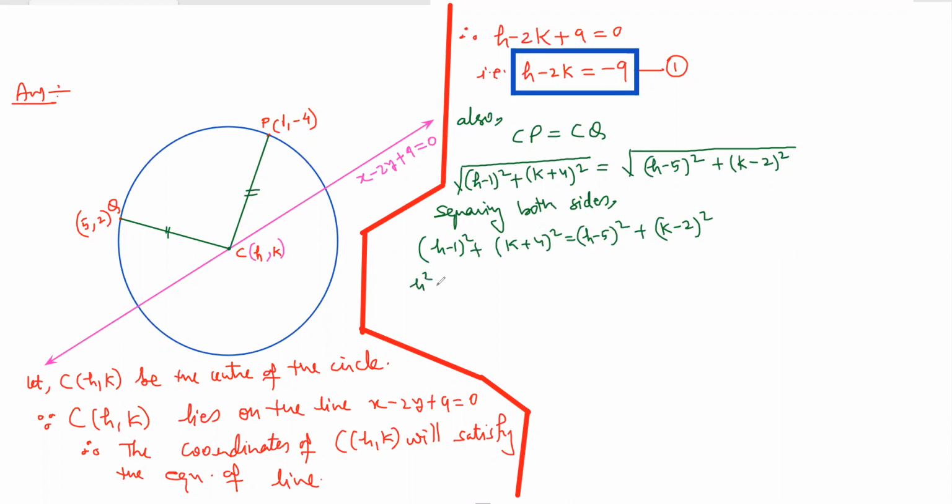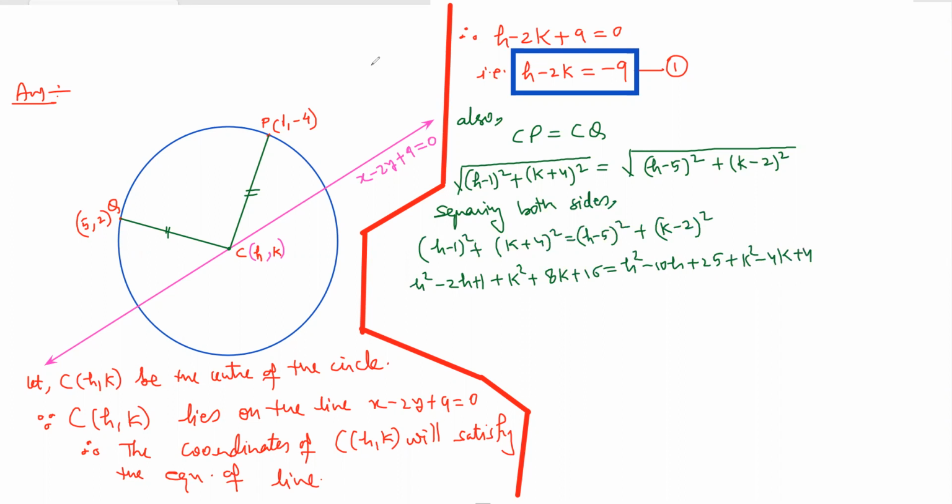So this is h² - 2h + 1 + k² + 8k + 16 = h² - 10h + 25 + k² - 4k + 4.